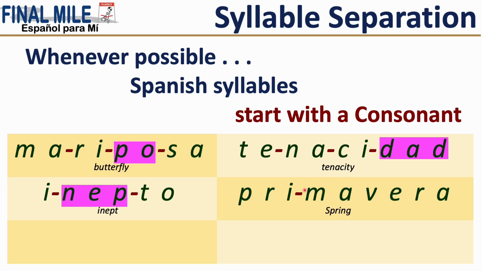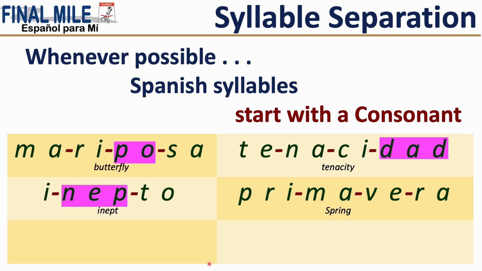Now we have the potential for a syllable here, but we won't know unless we figure out what we're going to do with the consonants in between this vowel and whenever the next vowel comes. And then decide, I cannot start the next syllable with a vowel, therefore I'm going to put the break here. Do that over and over again, and before you know it, it will be automatic and very fast. So there is that one, and there is that one.